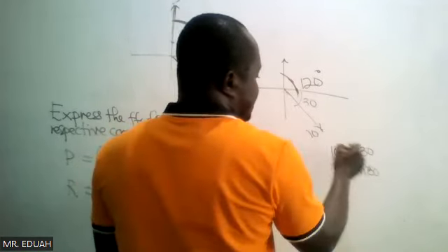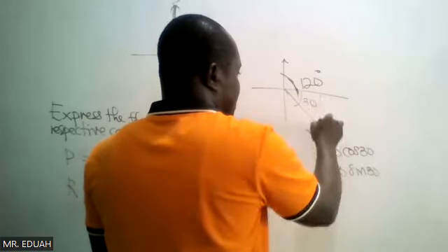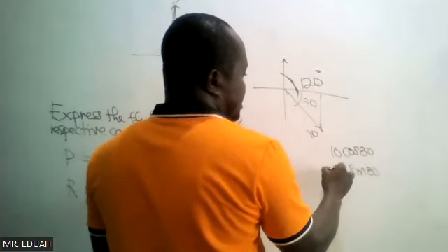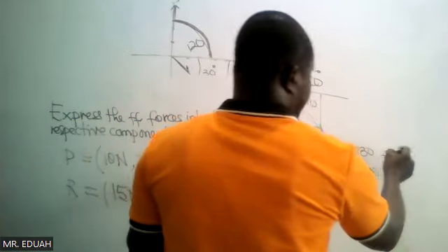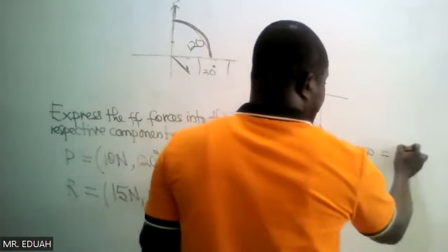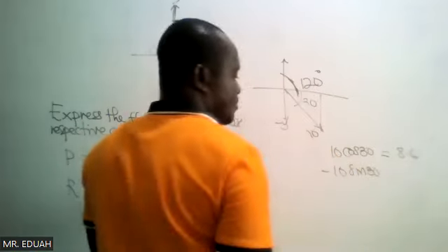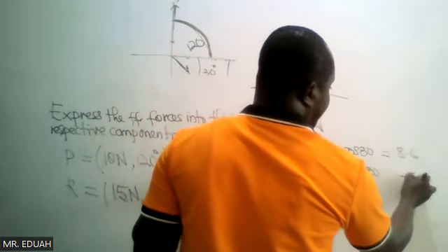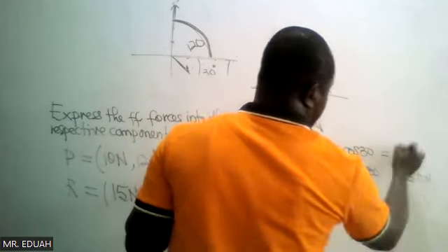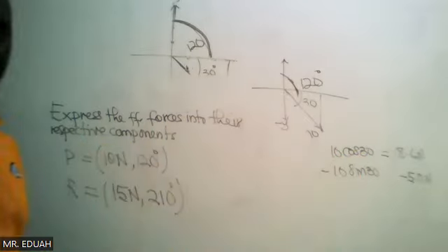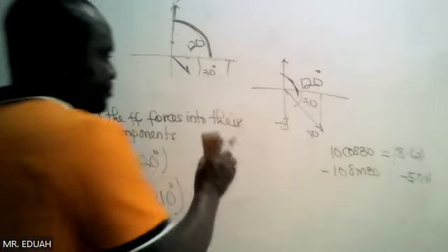Okay, x is positive. The y component is negative because this is negative y. So this is 8.6 and this is negative 5.0 Newton, and that's it. The second question.